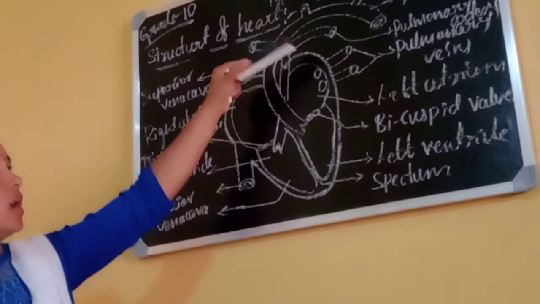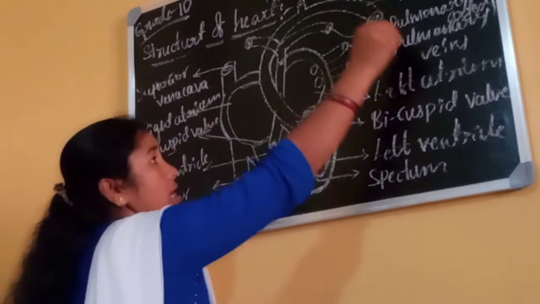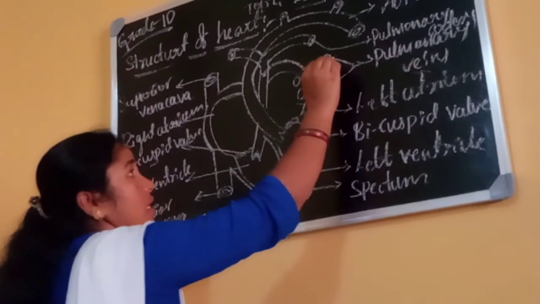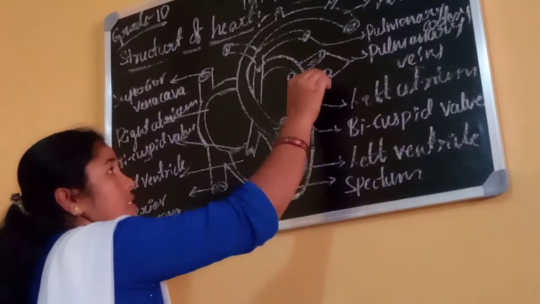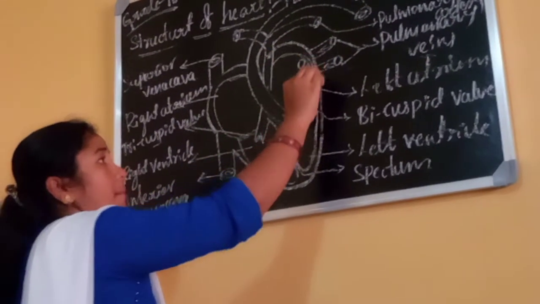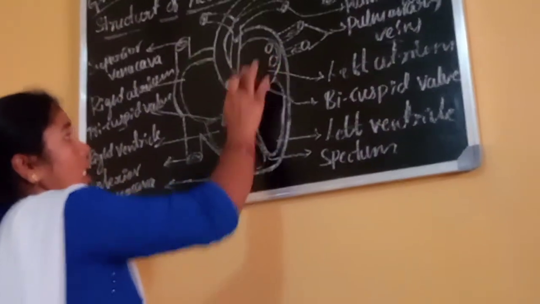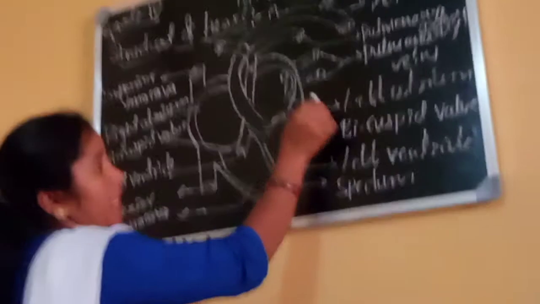First step: oxygenated blood comes from the lungs through the pulmonary veins. A thin upper layer is there, no? That upper chamber is the left atrium.